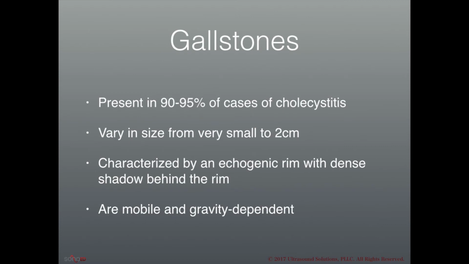Gallstones are going to vary in size. This is a spectrum from sludge to more of a sand-like material to very small stones to sometimes very large stones. These are going to be characterized by an echogenic rim with dense shadow deep to the stone. And unless they're impacted in the neck, they should be mobile and gravity dependent.